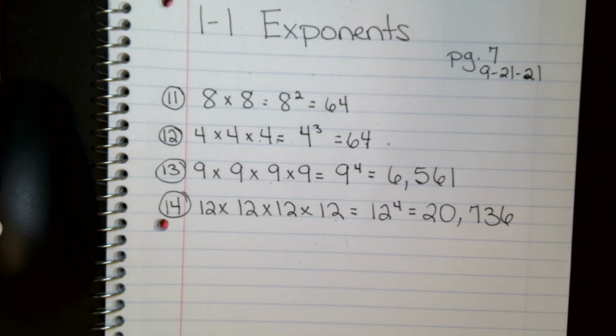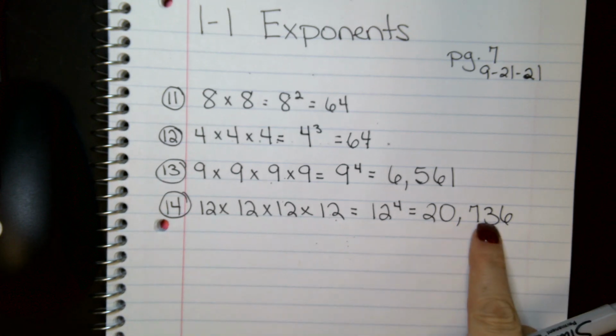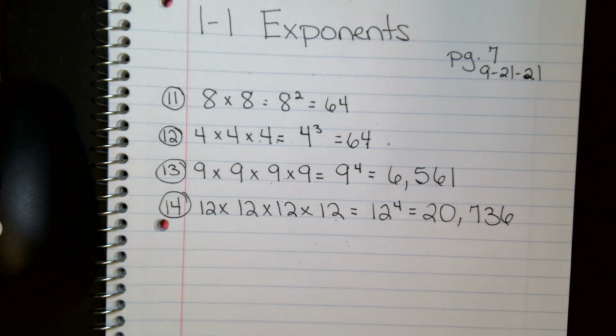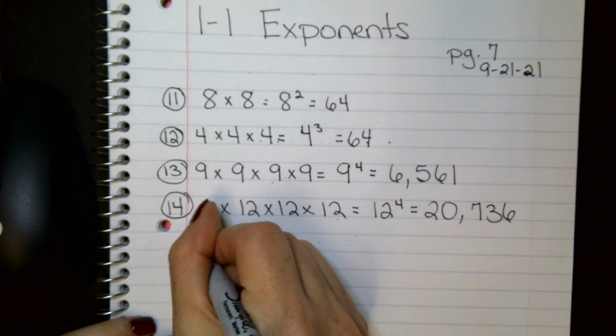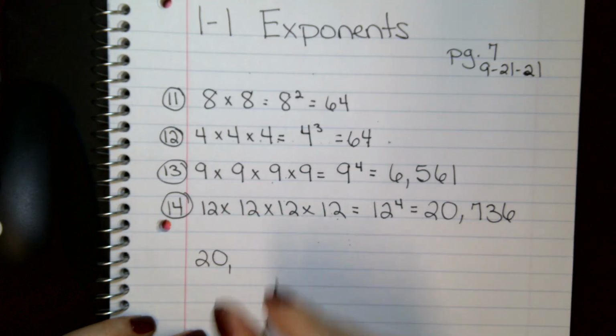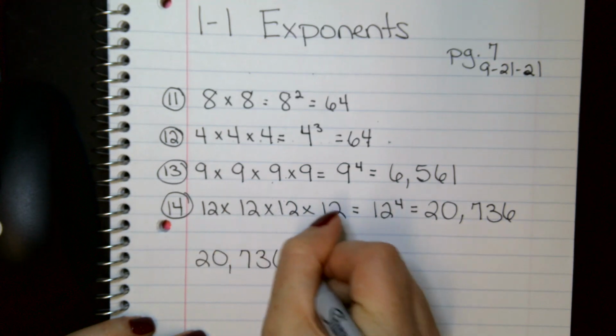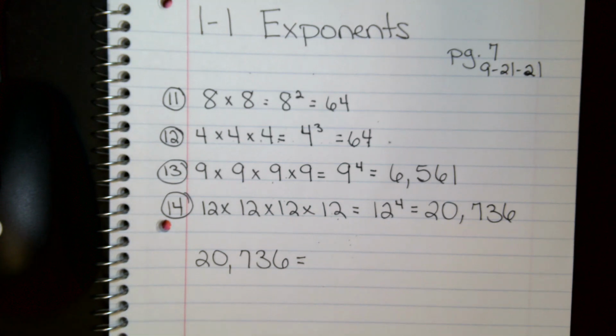All right. So, I want to show you how to take one of these big numbers and blow it up for expanded form. So, this is the number that we just solved for that. Okay. So, we're going to blow this up. We're going to do the expanded form for exponents.